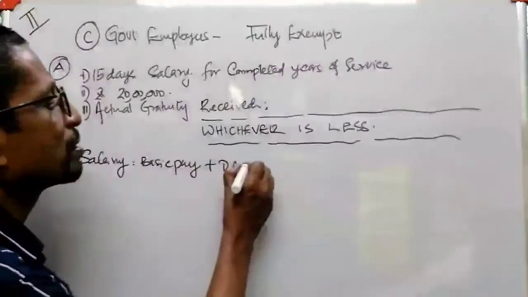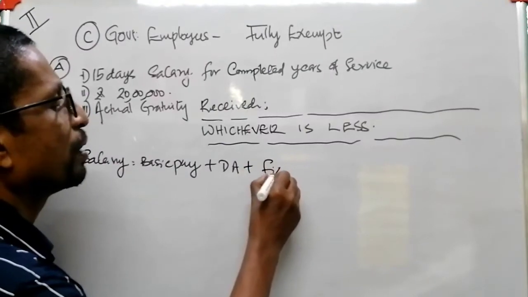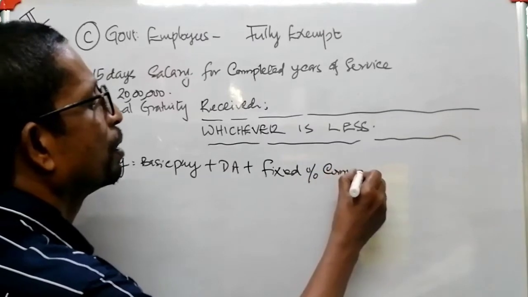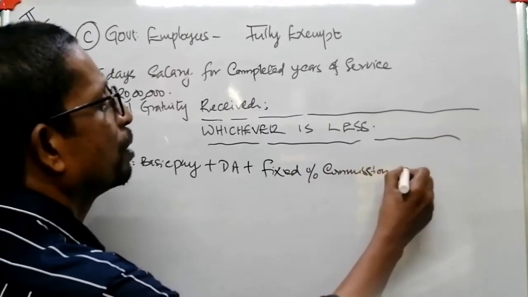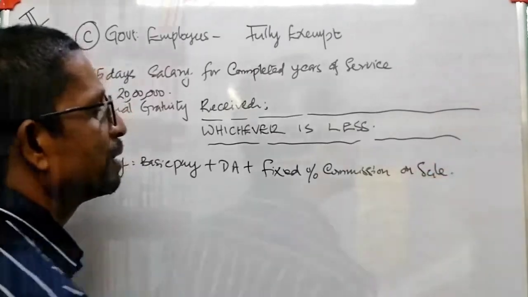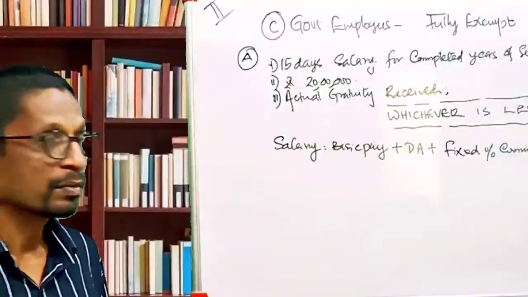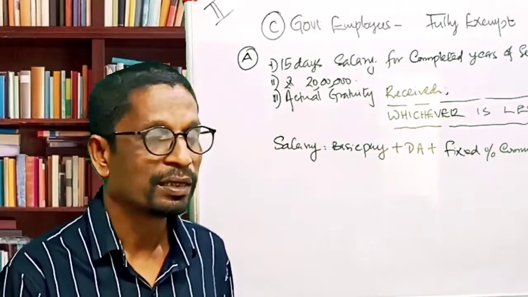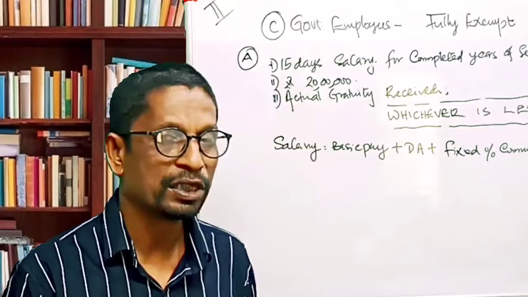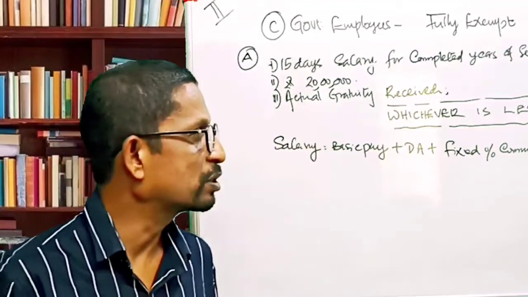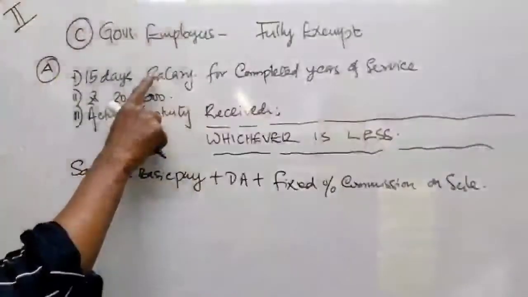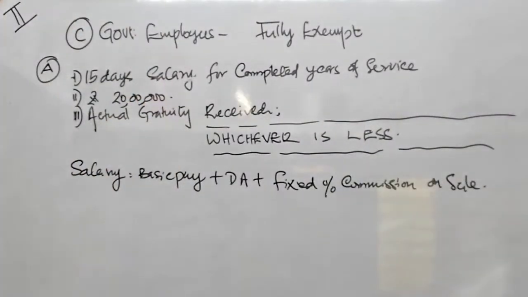DA plus fixed percentage commission on sales. That's the meaning of salary here. That means for computing the exempted amount of gratuity, salary means basic pay plus DA plus fixed percentage commission on sales. So first of all, we write these three conditions. Then after, we convert these into figures.